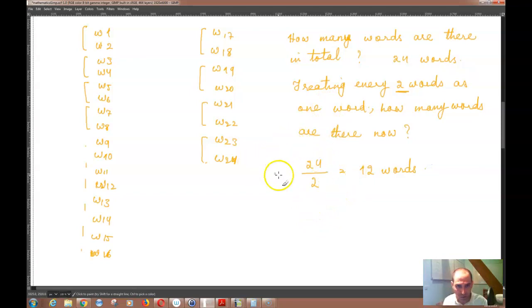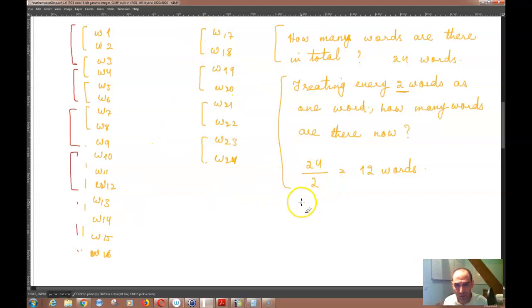Now, for example, suppose that I take each 3 words and treat them as one word, and so on and so forth.